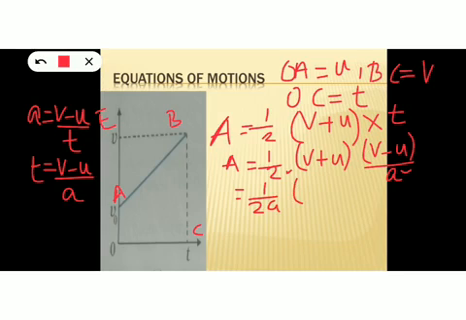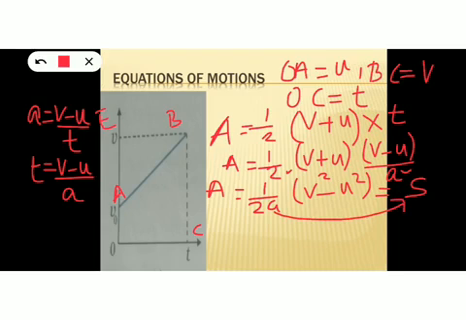It is in the form A plus B into A minus B. What is A plus B into A minus B? A square minus B square. So V plus U into V minus U will be V square minus U square. So we got area as 1 by 2A into V square minus U square. And this area itself will be our displacement S. Now cross multiply this 2A to the RHS part.